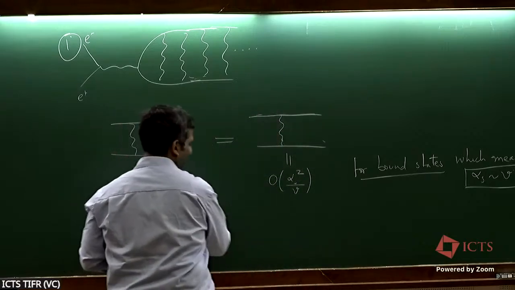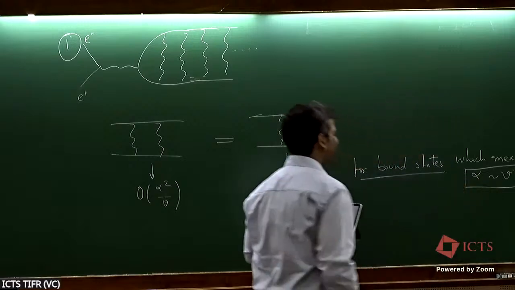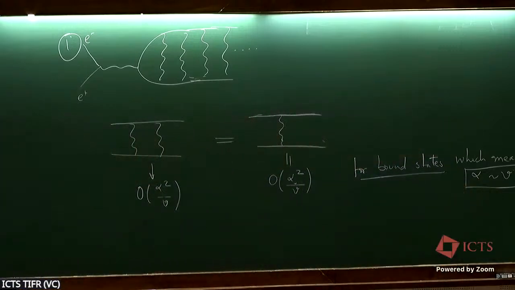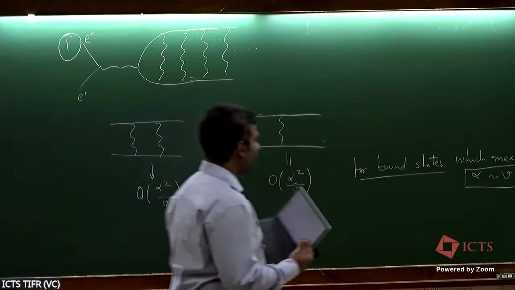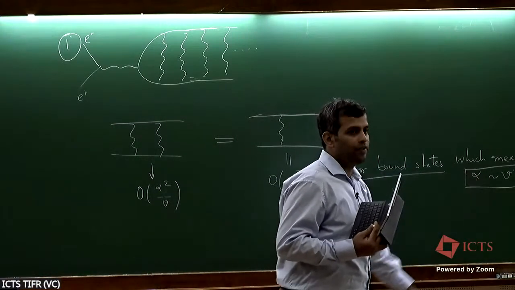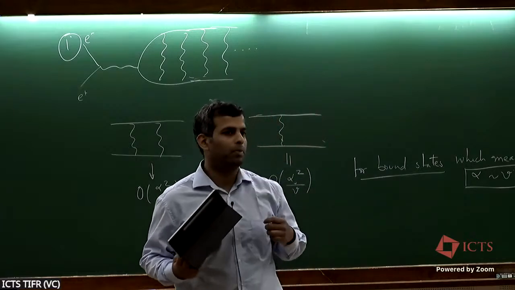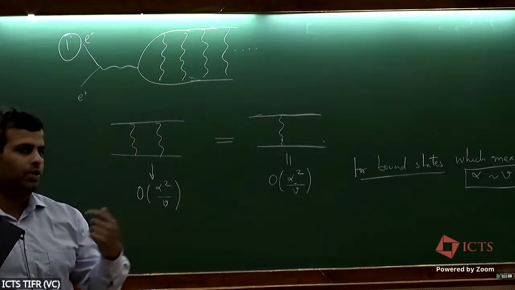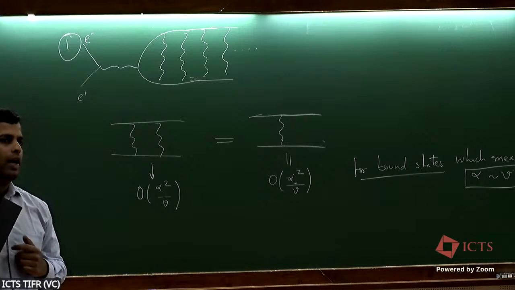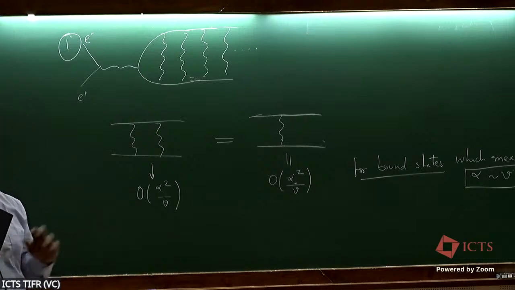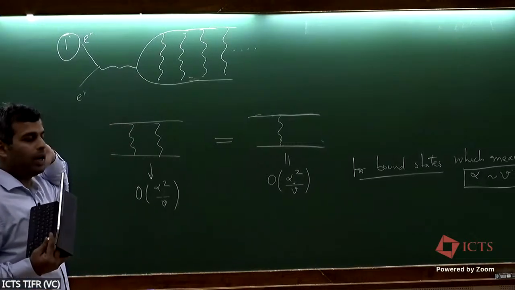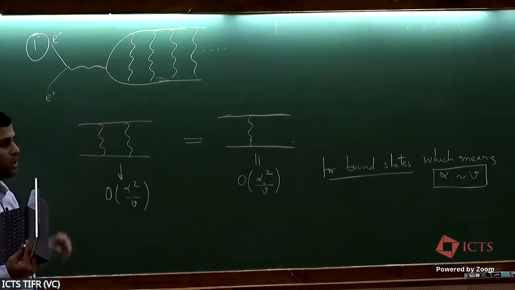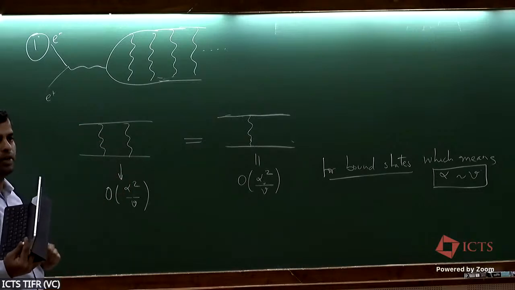I'm sorry, this relation between alpha and v only holds for the bound state situation. We explicitly showed it using the virial theorem, or even Professor Rishi showed it today also. In general, if you do not study a bound state problem, there is no reason v has to be of order alpha, okay? Only for the bound state problem, v is of order alpha, and that is where this important point enters, that all these one loop exchanges or two loop exchanges will contribute at the same order as the tree level.